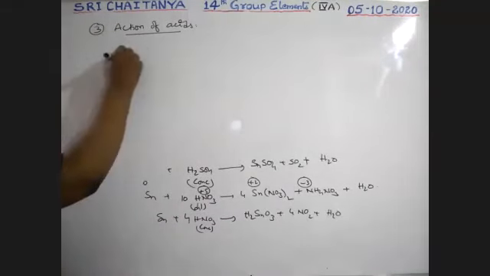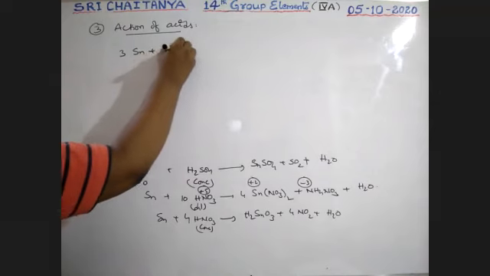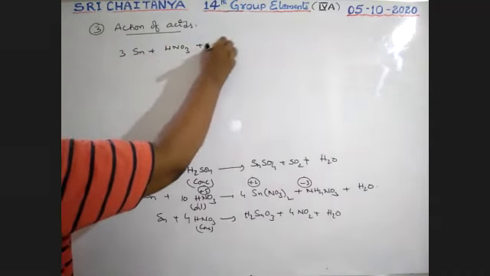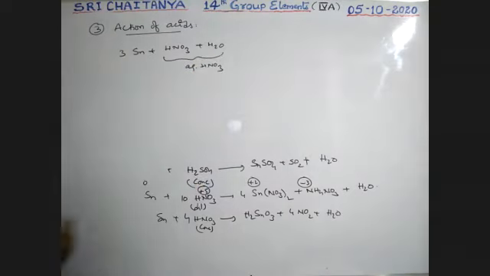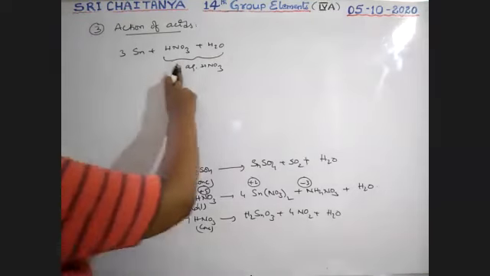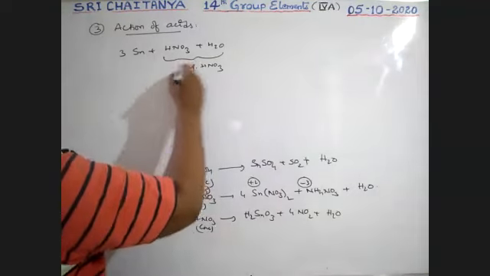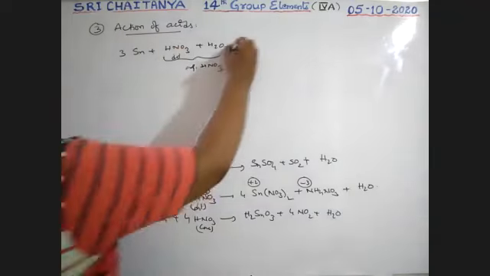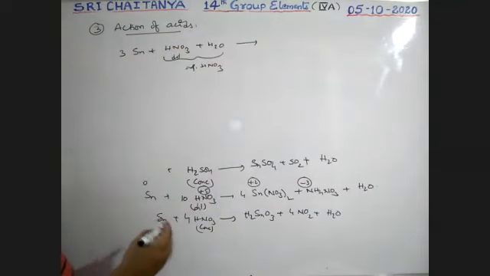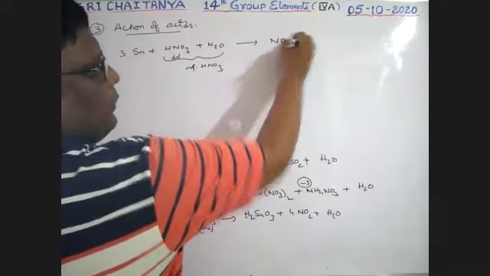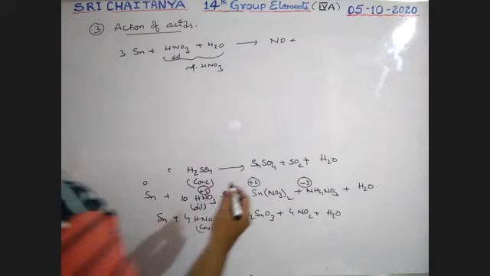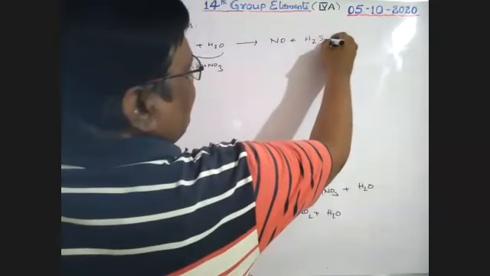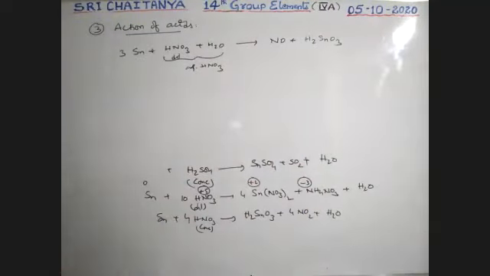So tin plus HNO3 plus H2O, aqueous or dilute HNO3, gives NO plus H2SnO3.